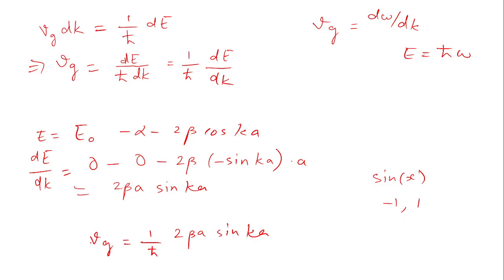So for group velocity to be maximum, this sine has to be maximum, and the maximum value it can have is 1.